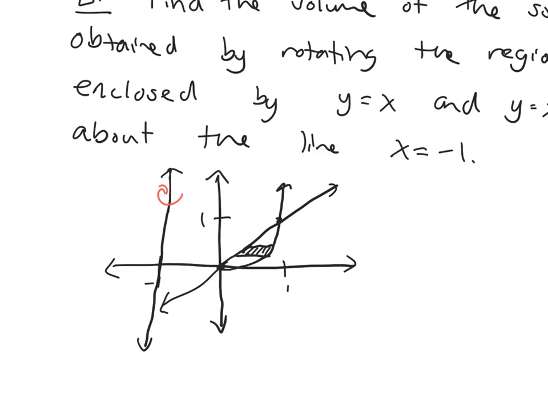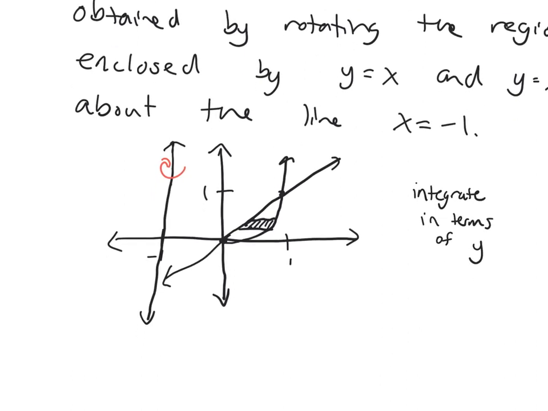Now, my strips are horizontal, which means I have a left and a right. So we're going to integrate in terms of y. Make sure we don't forget, integrate in terms of y. So I have a little r and a big R I got to find again.